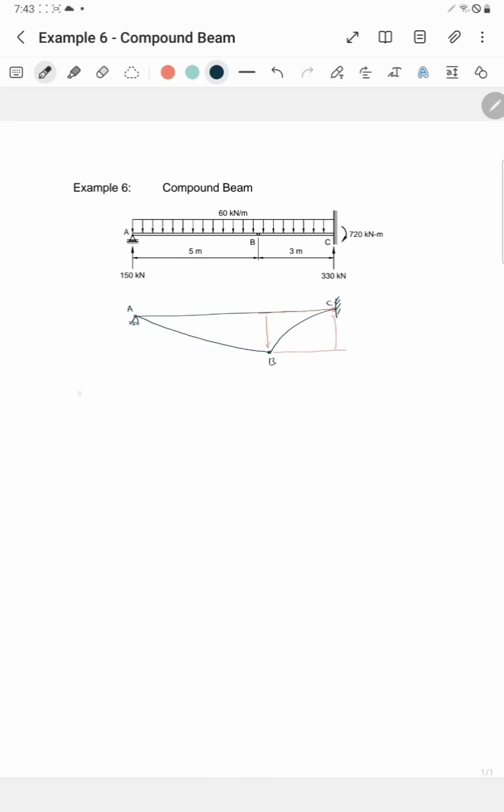Next, consider the direction B to A, so left. Applicable is the formula for theta left.